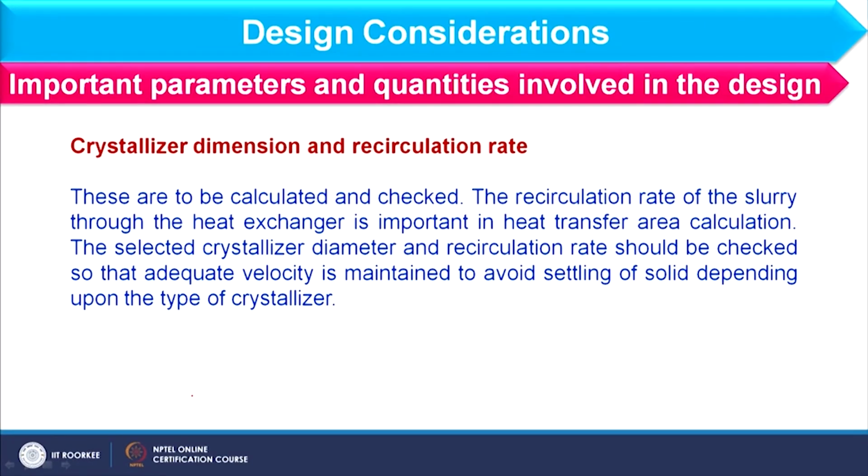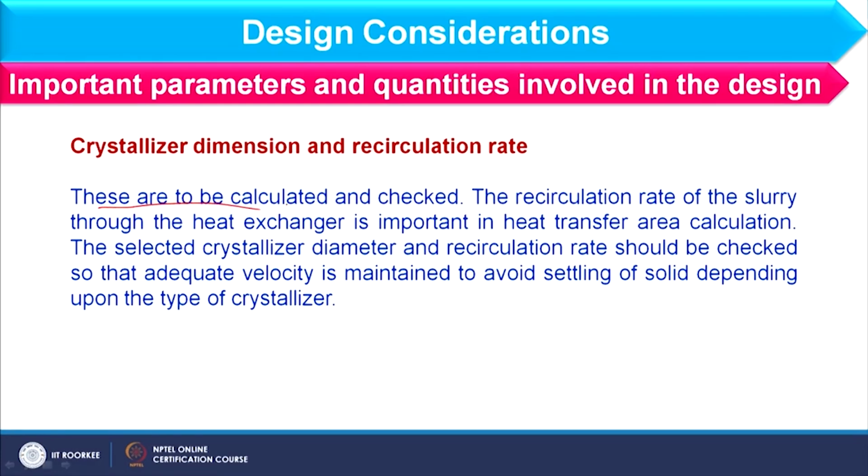Height of the crystallizer means height of the shell along with the tapered section, because the bottom section of a crystallizer is usually tapered. That you have also observed when we were discussing the working of the crystallizer. So, along with the shell, the tapered section is also important and its dimension should also be considered.